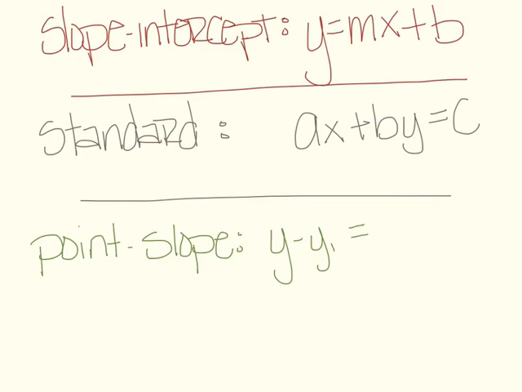Y minus y1 equals m times the quantity x minus x1. So for now, you need to be able to move back and forth between slope-intercept and standard form. You also need to be able to take something from point slope and put it in standard and slope-intercept.